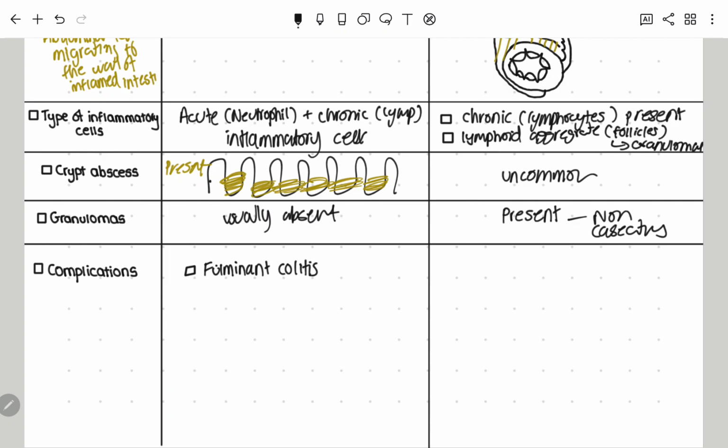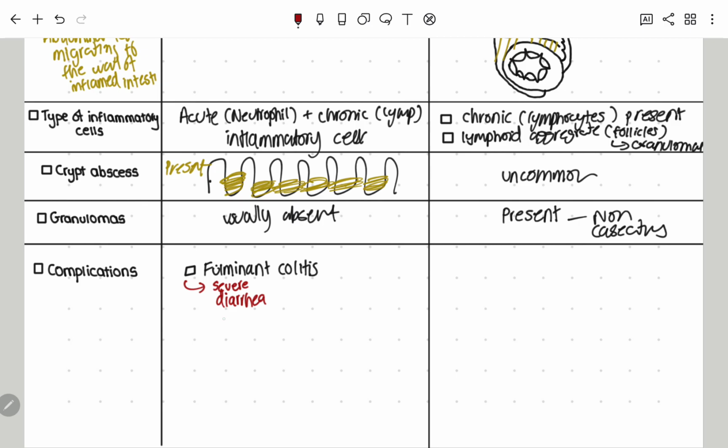And what fulminant colitis basically means is that you have a severe and rapidly progressing form of inflammatory bowel disease, especially in this case being ulcerative colitis, and that you have a rather more severe presentation of symptoms. So you will have some of the symptoms we discussed already, but just in a more dangerous or life-threatening circumstance.